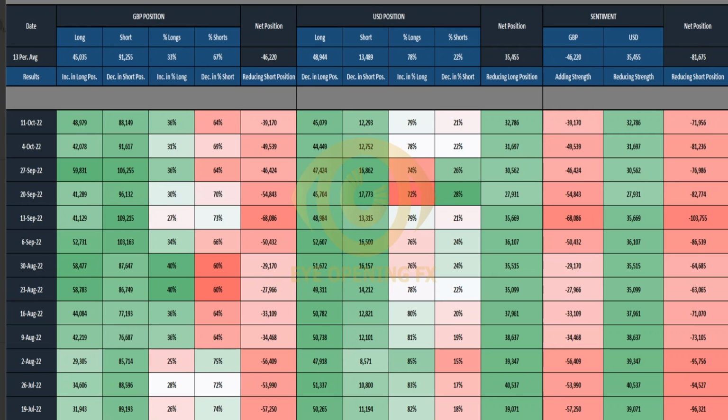So the net position we have here is that they are reducing short position. Since they are reducing short position, this shows that last week the buyers had the upper hand in the market. So this coming week, if the market does not break a structure point for a bearish move, we will see more buy moves to the upside.